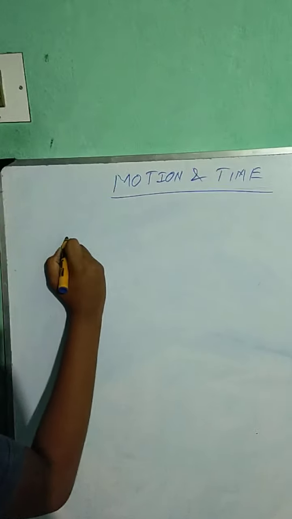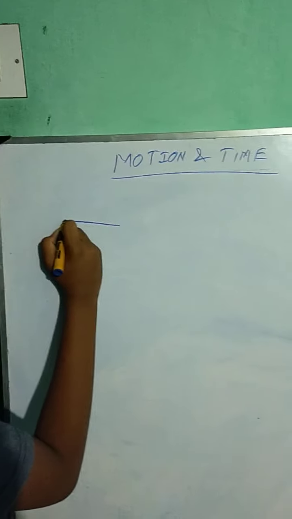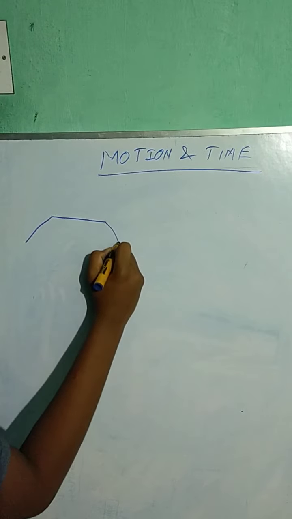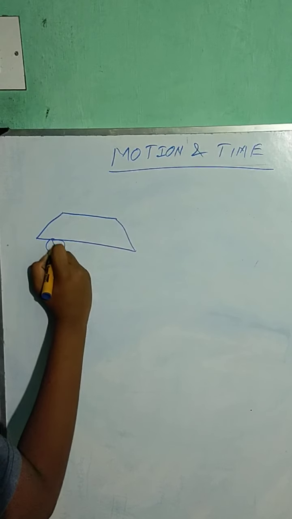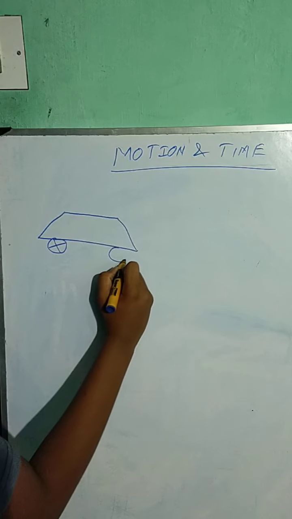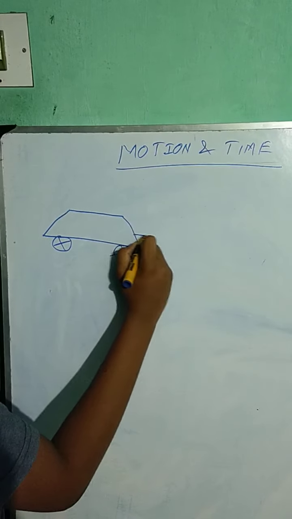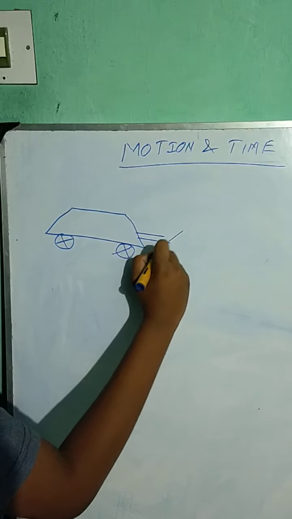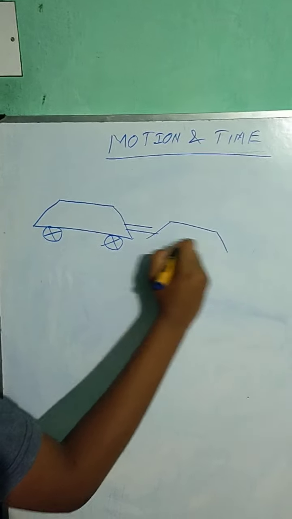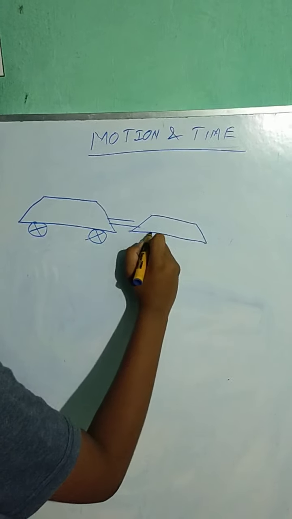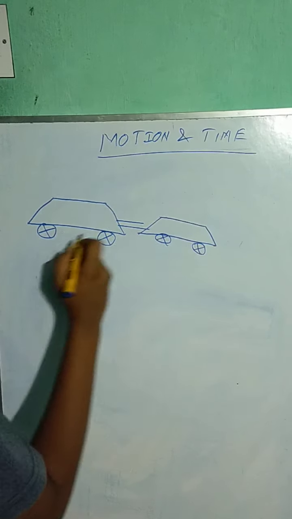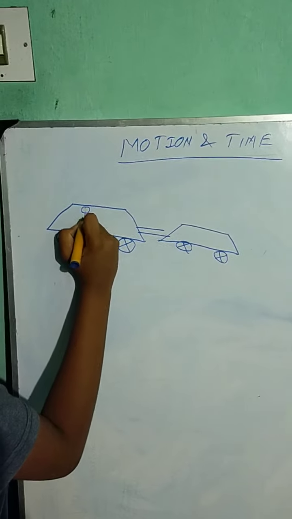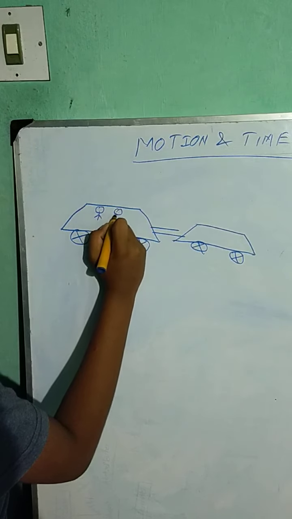I am drawing a train. I'm traveling in the train and there are two passengers in this train.